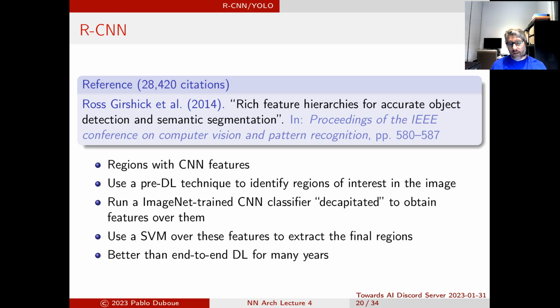The technique is called regions with CNN features. They use a technique to identify regions of interest, and then an ImageNet-trained CNN that they have decapitated, so it doesn't do classification, to obtain features over them. From there, they feed all these features to an SVM, a specifically made SVM, to get the final regions. And they were better than end-to-end deep learning systems for many, many years.